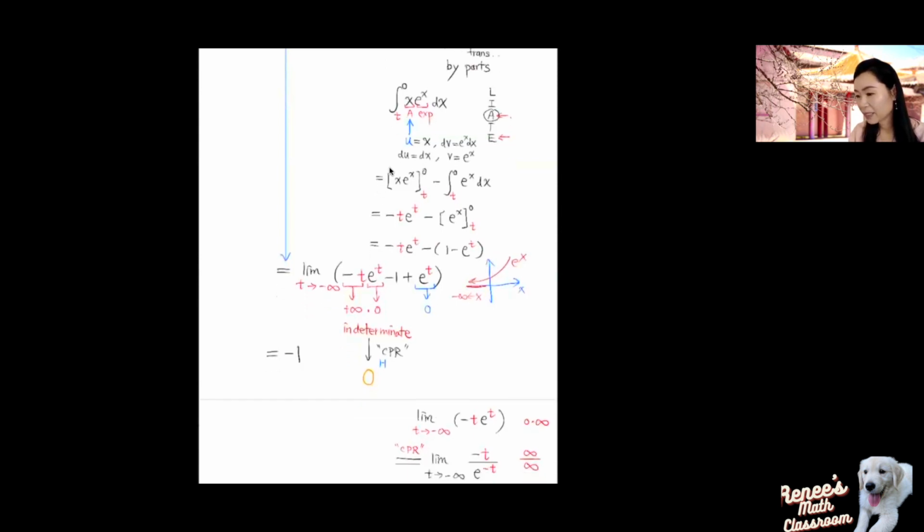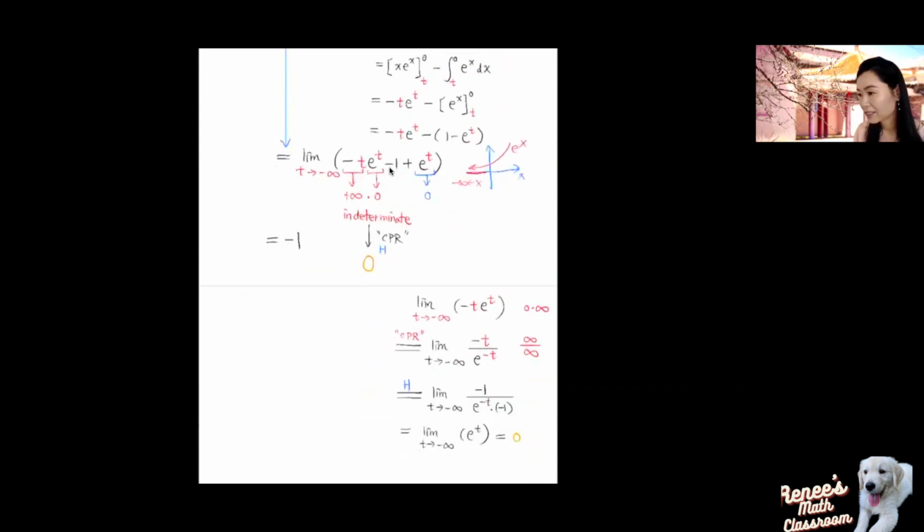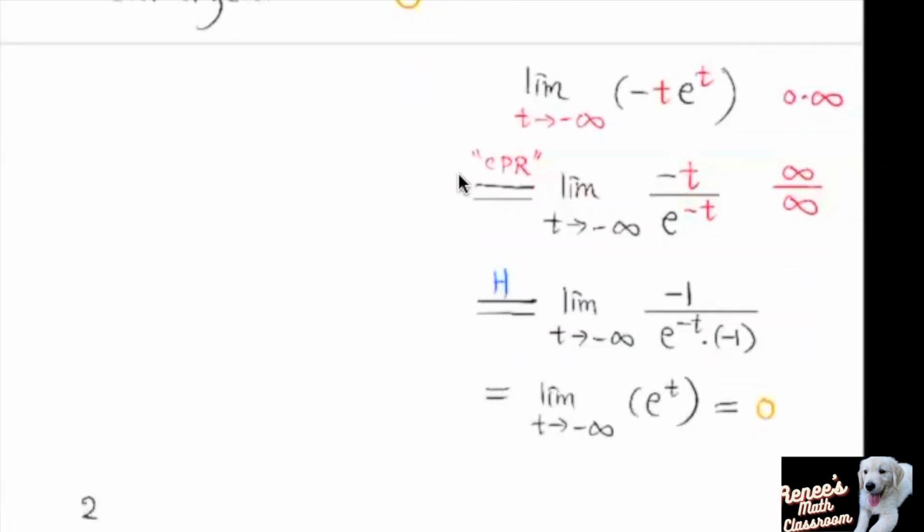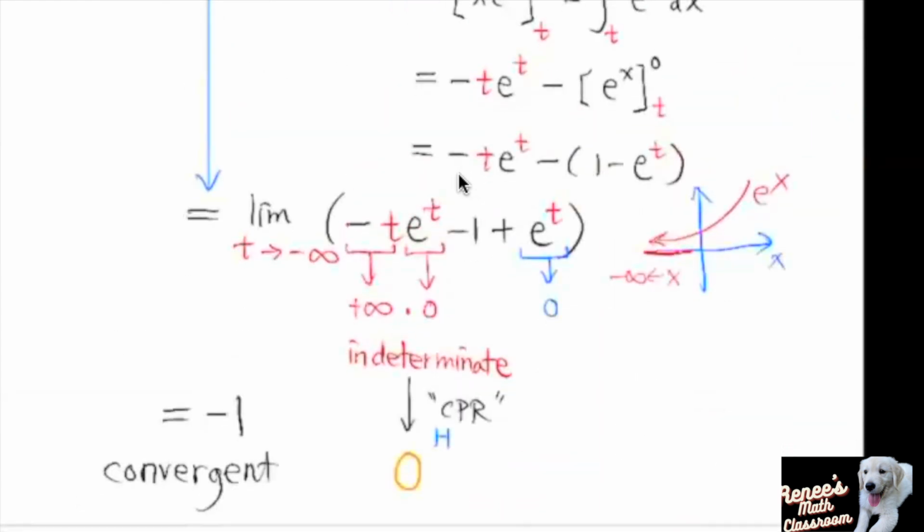So that improper integral is called convergent. Remember, convergent is when it equals a finite number. Question: why is this equal to negative 1? Where did the negative 1 come from? This part over here goes to 0, this is negative 1, and this is 0.